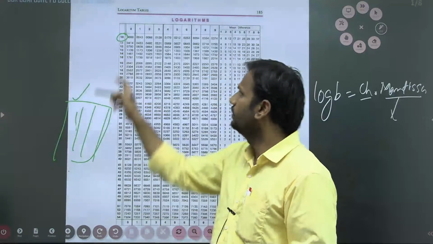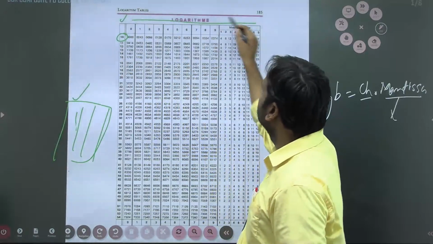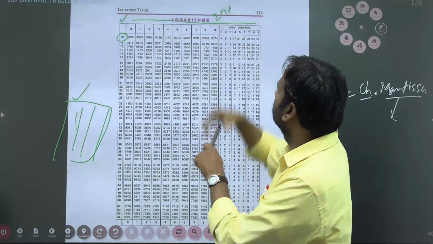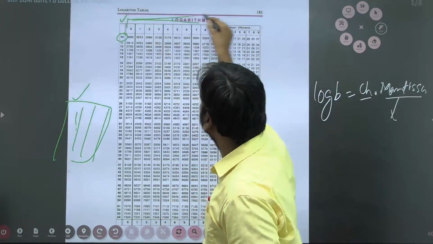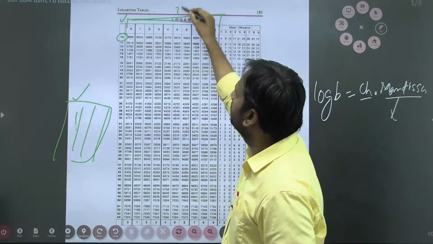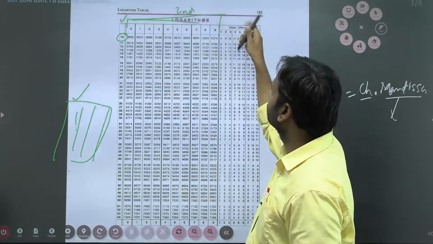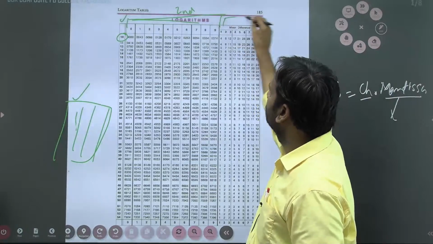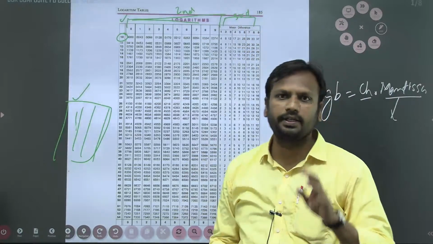The first column is this, and up till here it is the second column, and this one is the third main column. The log table has three columns.